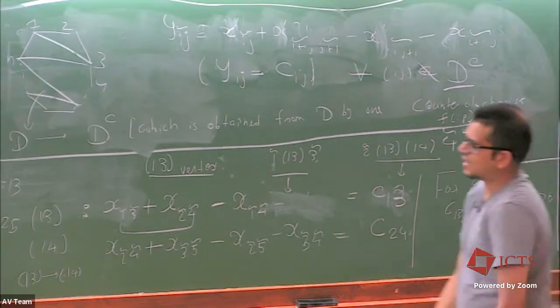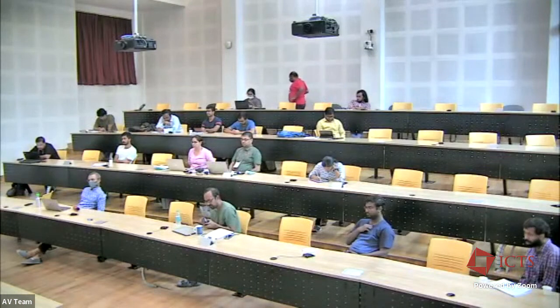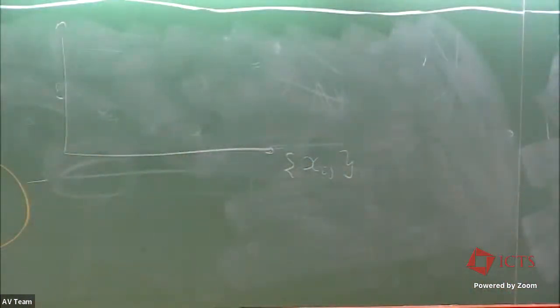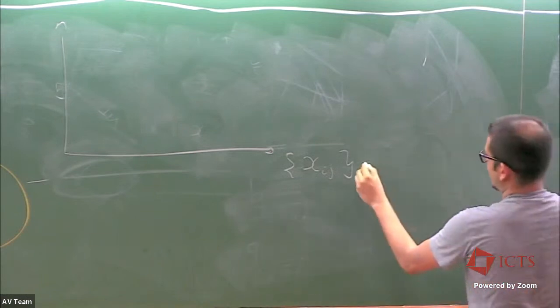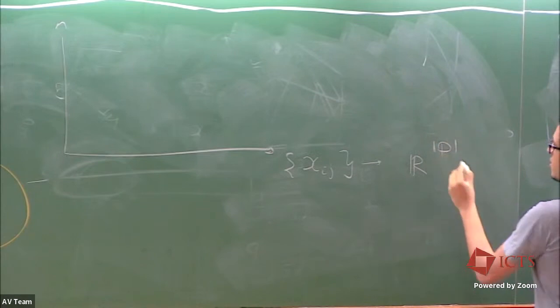So now I'll give you the connection with physics. Now we have the following information from math: I have some space of xij. It is just some Cartesian space of dimension R to the power of the number of dissections.